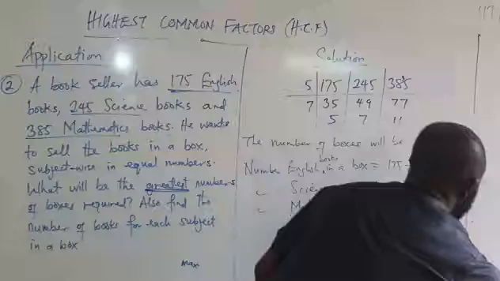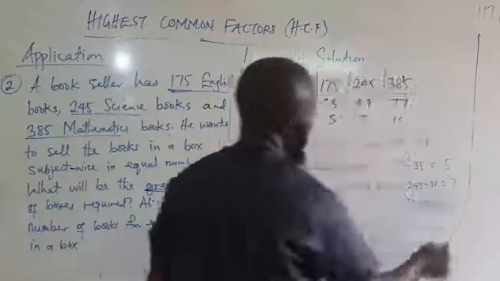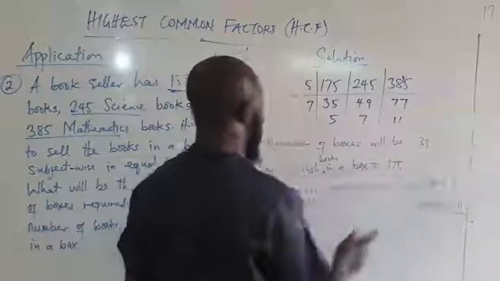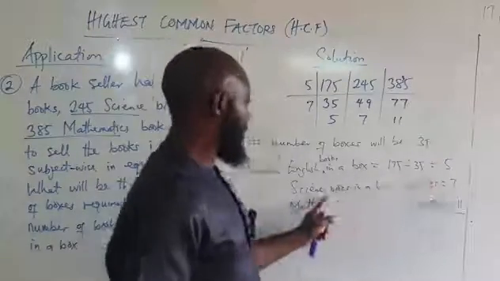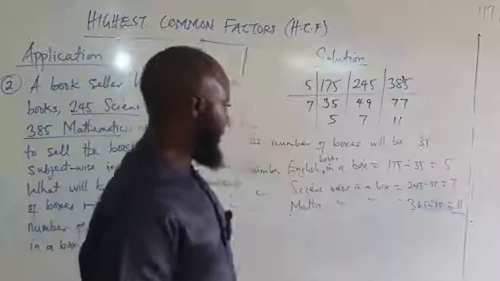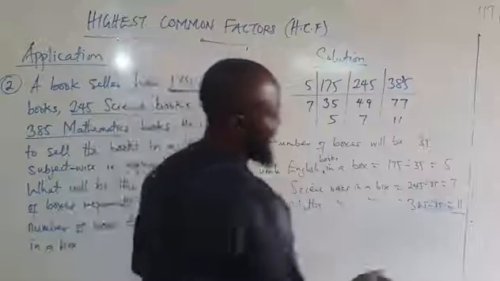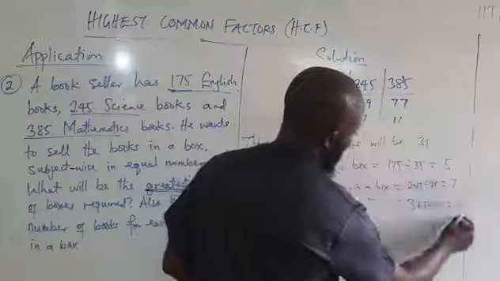So which means in each box we are going to have 5 English books, 7 science books, and 11 mathematics books. Adding everything together, this is 18, that gives us 23.